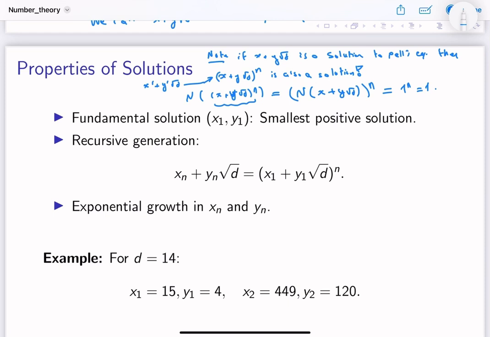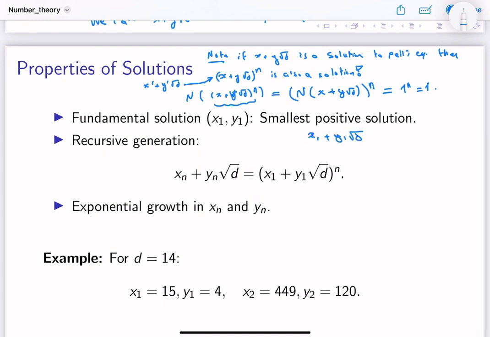We define the fundamental solution of Pell's equation to be the smallest positive solution in the ring Z[square root of d].